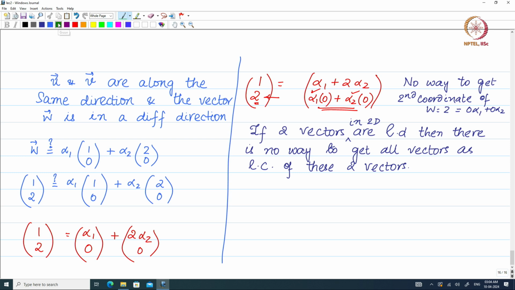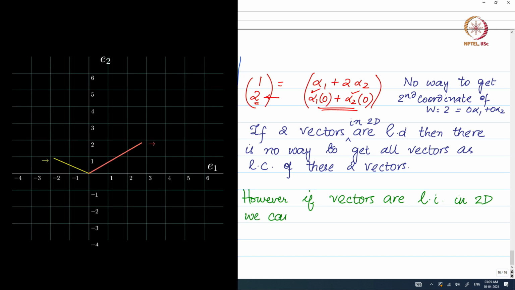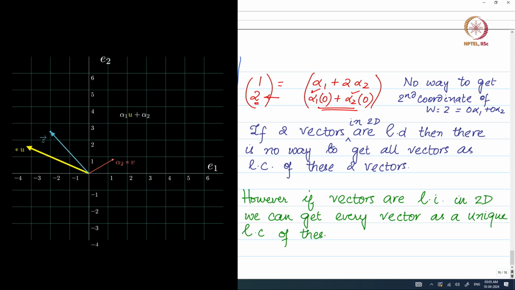However, if vectors are linearly independent in 2D, we can get every vector as a unique linear combination of these linearly independent vectors.